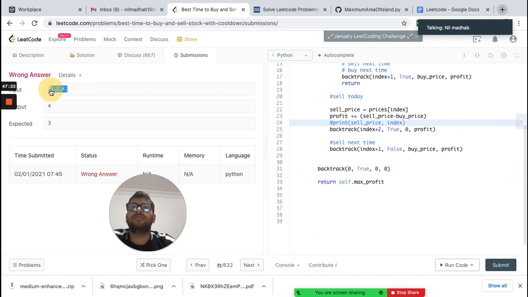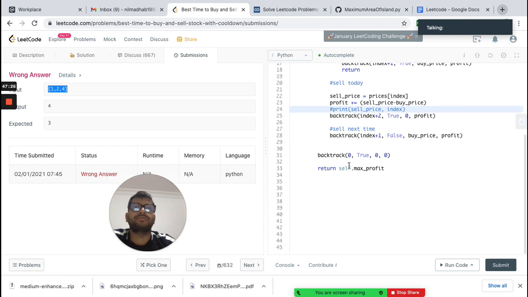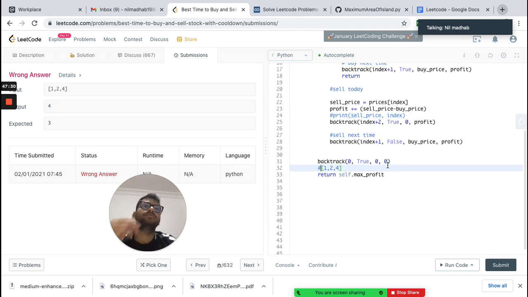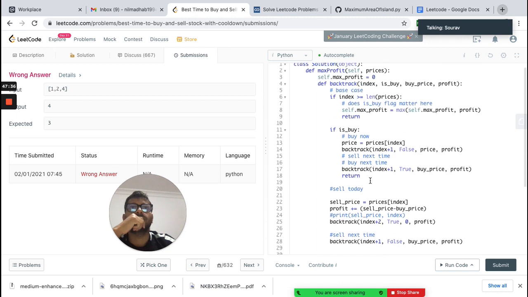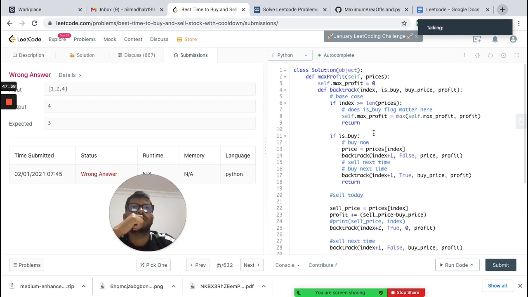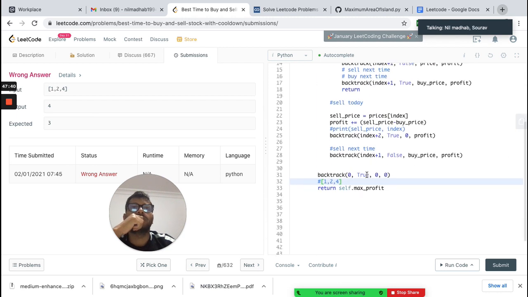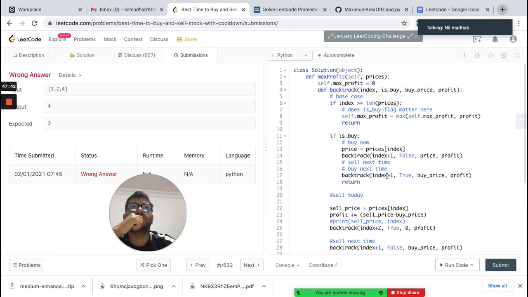So we have 1 to 4. Okay, can you do a dry run? 1 to 4. So what will happen? At first 0, true, 0, 0. Okay, we will buy it. So we have 0, true, 0, 0.